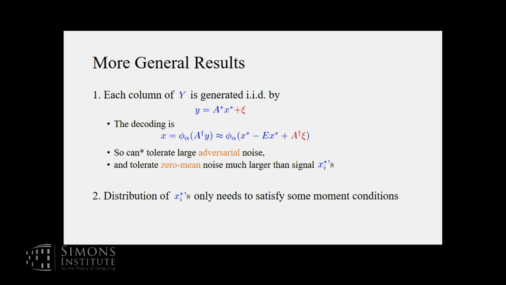It can also be used with some other distributions of the X star. We only need to satisfy some moment conditions on the first moment and second moment. So it's quite general. But we still need the coordinates to be independent of each other.